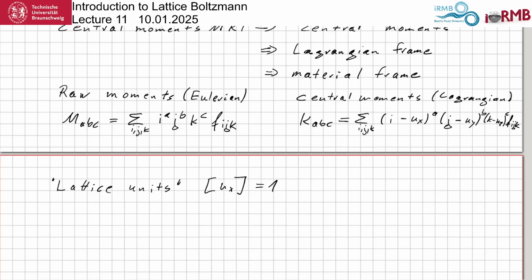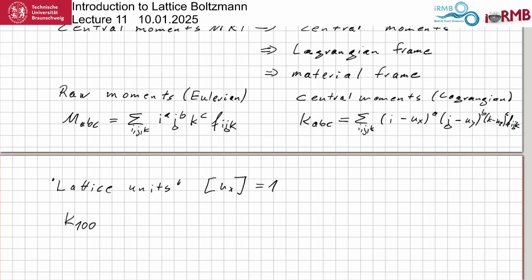Okay, so how do we know these velocities? We know the velocities by stating that the central moments k_100 are... Okay, you give me the answer. If we are in the frame of reference of the moving fluid, what is the first moment k_100?